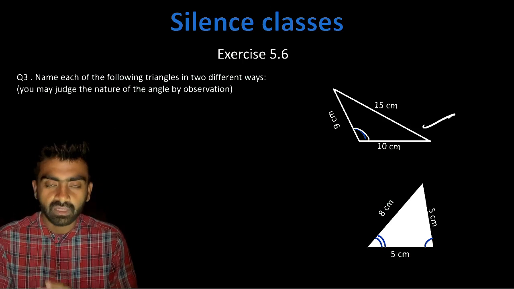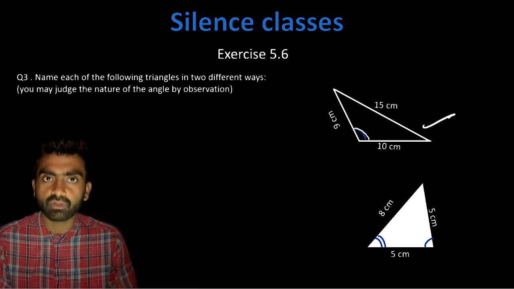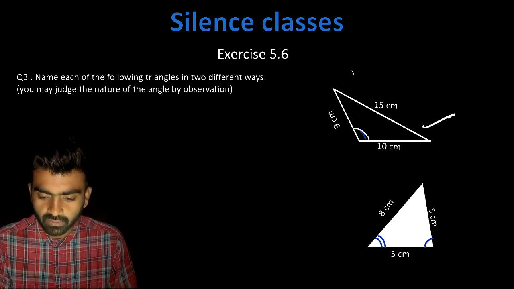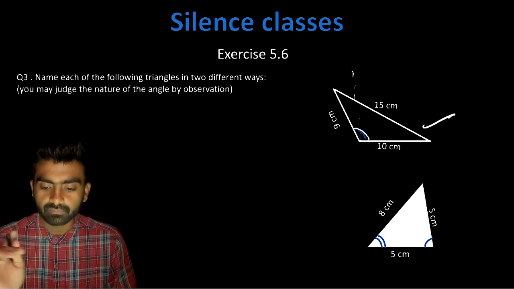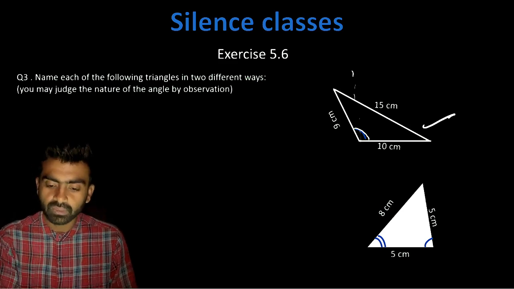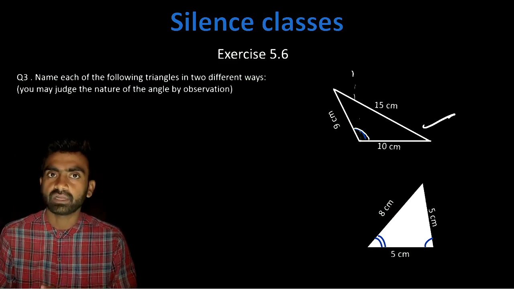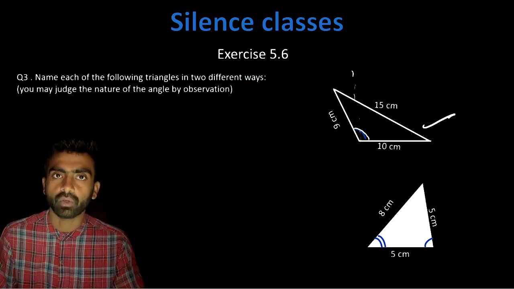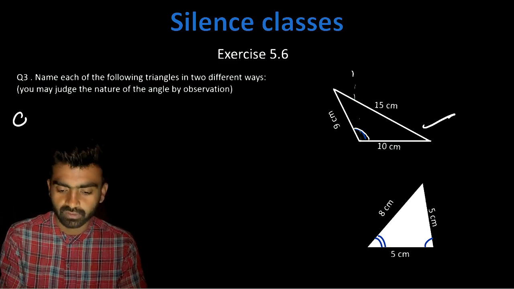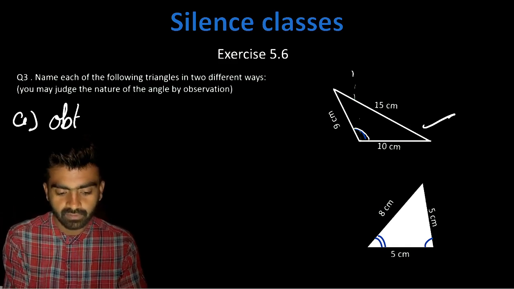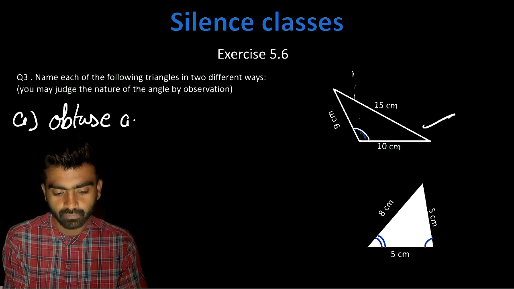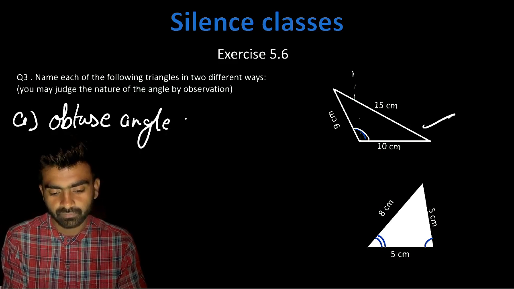But it is greater than 90 degrees, because if I draw a perpendicular line over here, I can draw it like this. So you can check it out. It is greater than 90 degrees and less than 180 degrees, so it is known as an obtuse angle triangle. So this one, A, is an obtuse angle triangle.